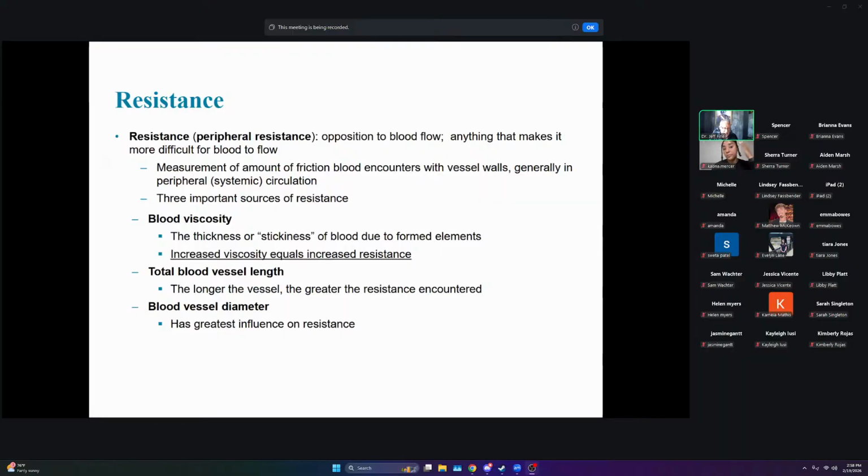The example there would be setting a fire hose next to a garden hose. If you put the same amount of water down each, there's going to be a lot less resistance through that fire hose than through a garden hose. It's significantly wider.